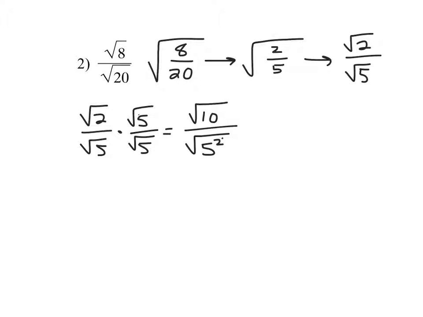Again, square root and square cancel each other. This is going to be the square root of 10 on top and 5 on the bottom. Does 5 go into 10? Yes, it does. But because this has a square root on it and this one doesn't, I can't simplify these anymore. This is my final answer. Now you should be able to complete the problems on page 2 of your class kick examples.